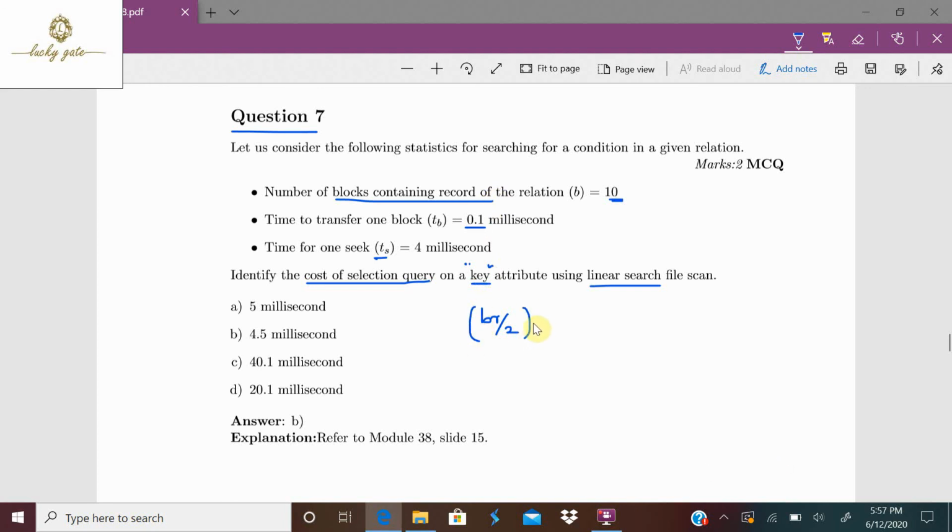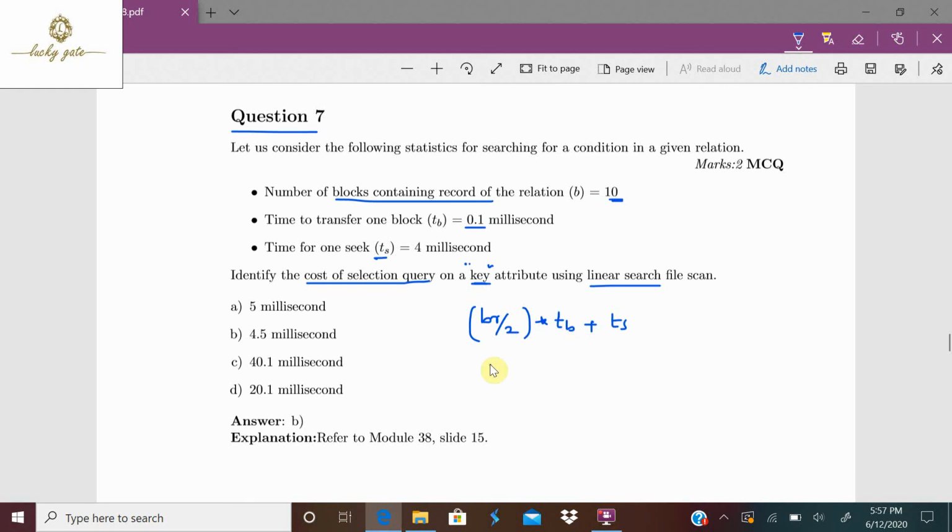So half the blocks are required. Why? Because it is on a key, so it is just like a binary search. So BR by 2 blocks into time required for one block transfer, that is TB, plus time required for one seek, TS. What is BR?